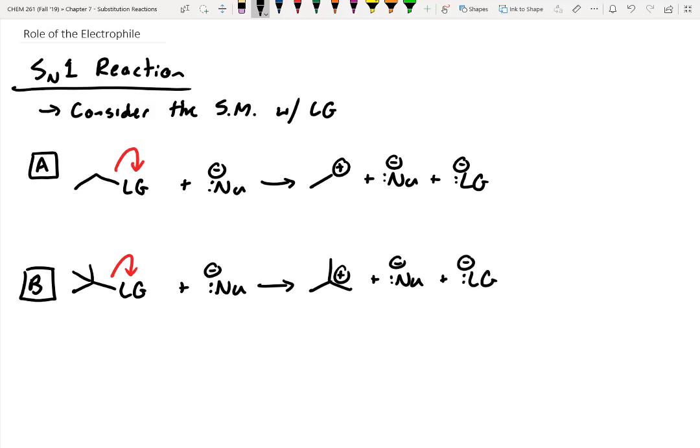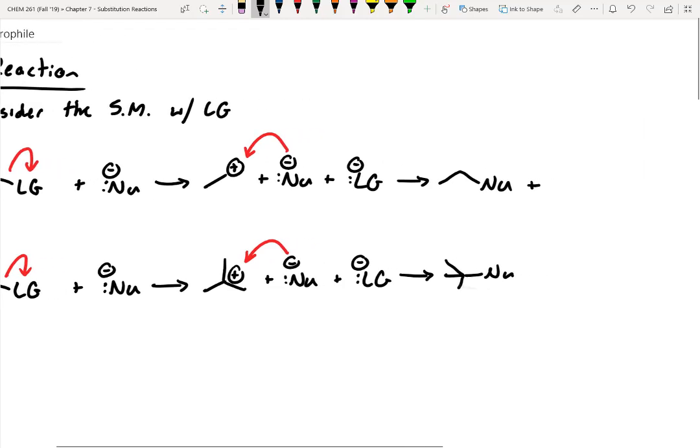And then the next step, what happens in this next step? Yeah, the nucleophilic attack, right? The nucleophile will add to the carbocation. Let me slide this over a bit.